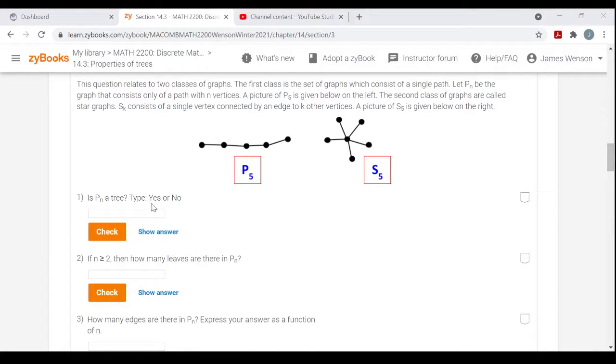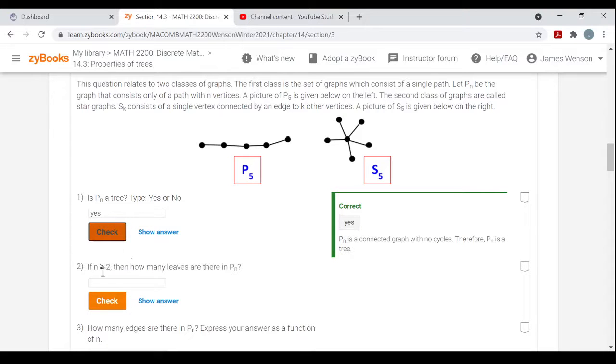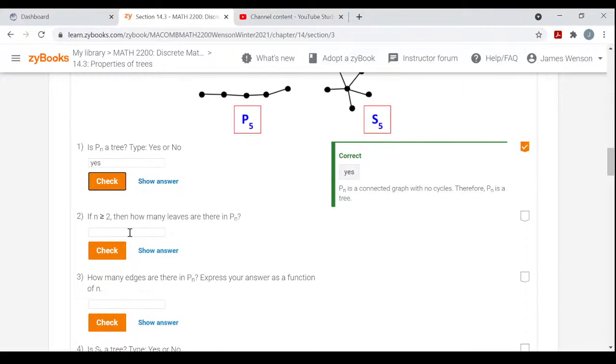Is Pn a tree? Well, yeah. There are no cycles. Remember, a tree is a graph with no cycles. If n is greater than or equal to 2, how many leaves are there in Pn? I just told you with P5 here, there's only 2 leaves, the beginning vertex and the end vertex. Those would be the only ones that have degree 1. Every other vertex in between would have degree 2, would be an internal vertex.